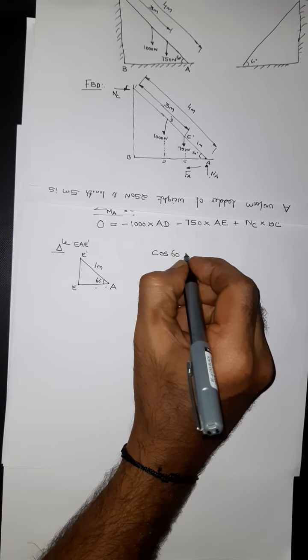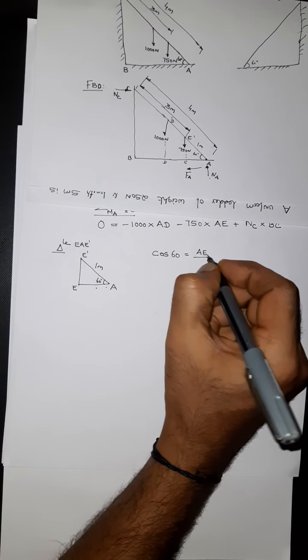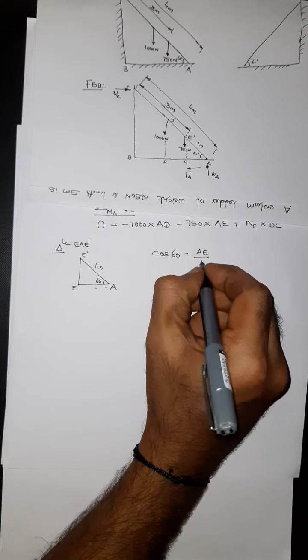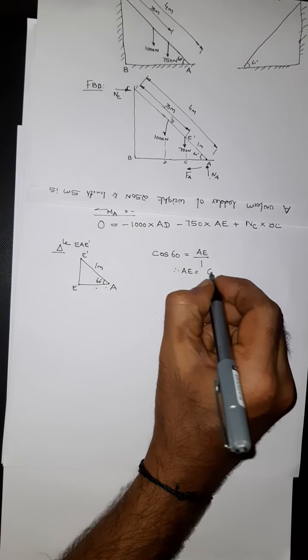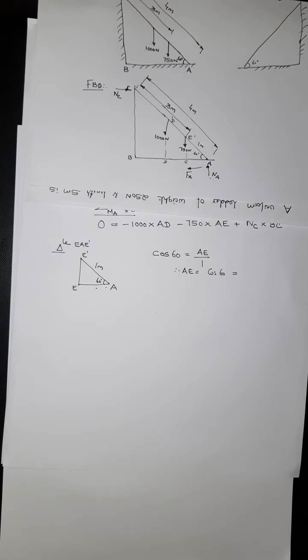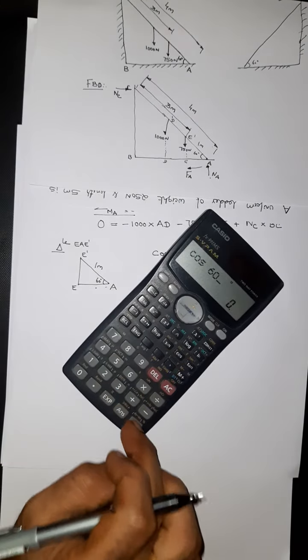Cos 60 equal to adjacent side AE by hypotenuse 1 meter. Therefore AE equal to cos 60, which works out to 0.5 meter.